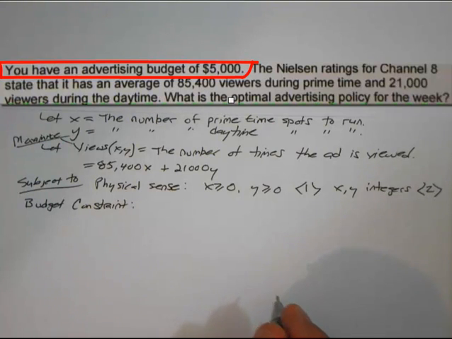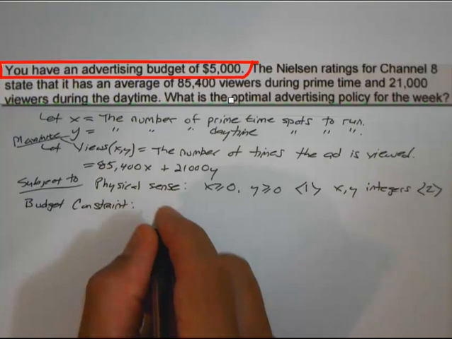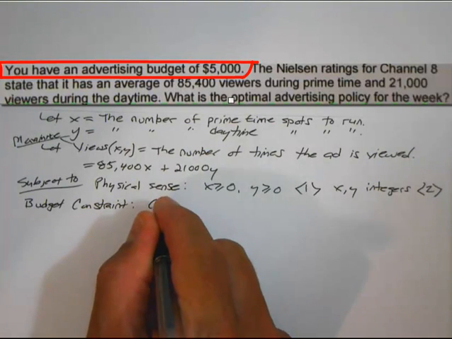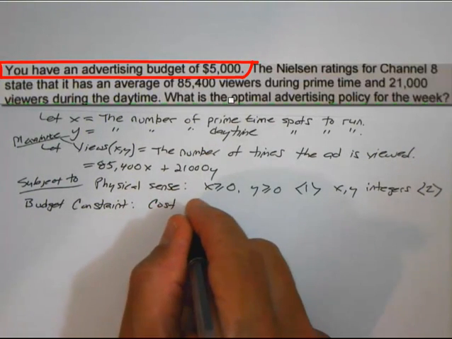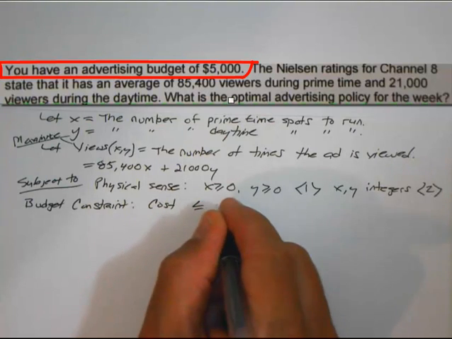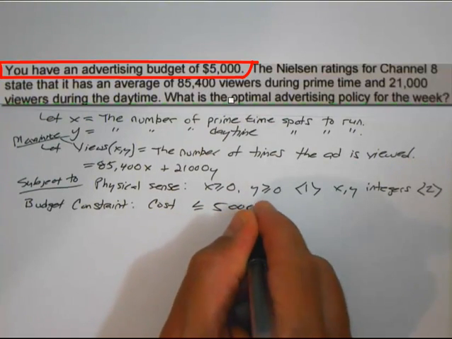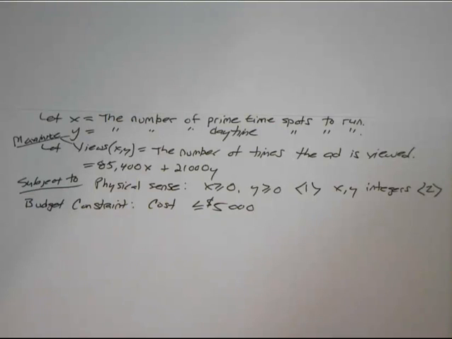So then we're forced to say that our cost has got to be less than or equal to $5,000. Now, what about this cost? It breaks up into two things we're purchasing, primetime spots and daytime spots.